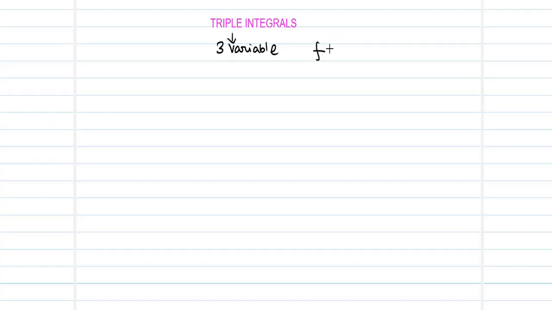Now, we have already seen double integral. Now one more variable is going to get added. So we will be dealing with, say, three variables x, y and z. So we are going to integrate a function of three variables.